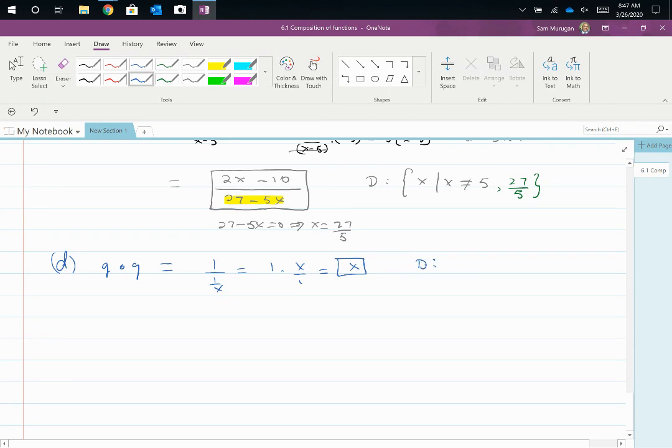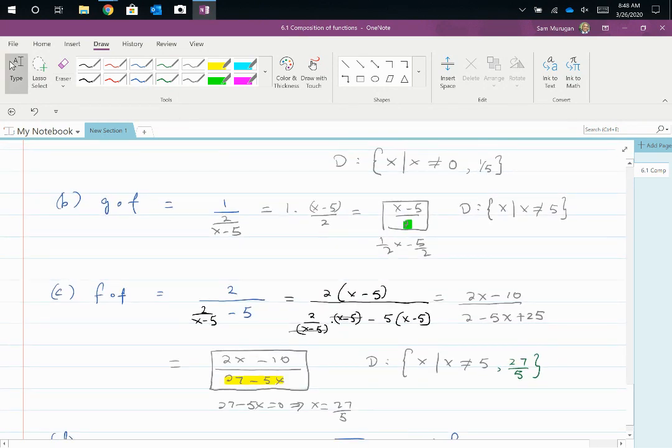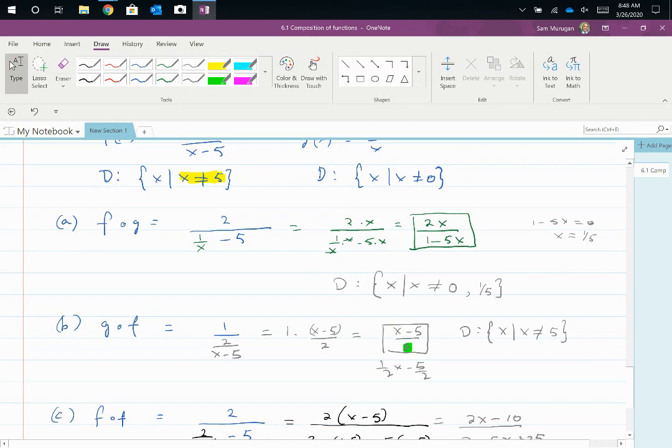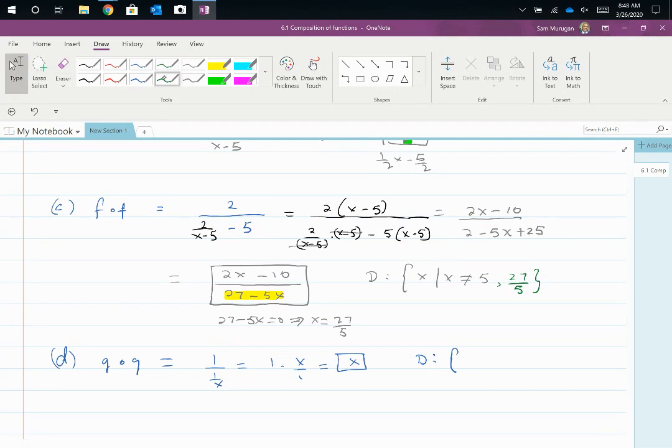Domain, although this is a linear function, we still have to consider that the domain of the g function cannot include 0. So this is the g composed of the g function, so x cannot equal 0 would be our domain here.